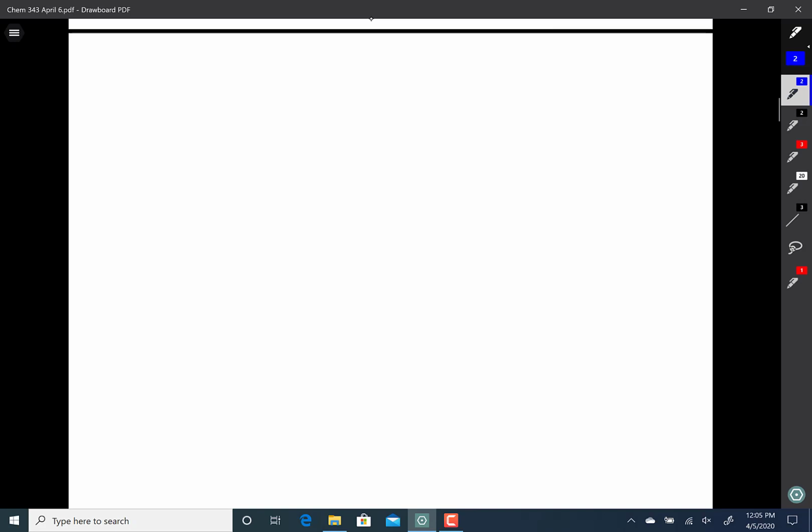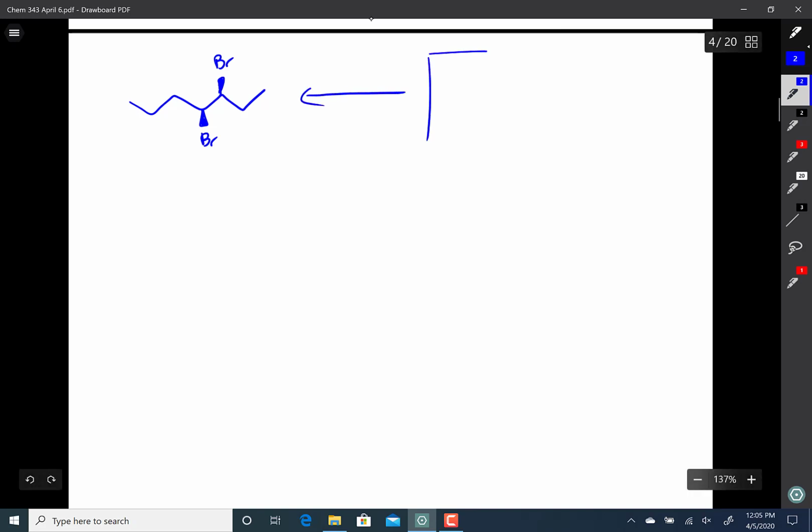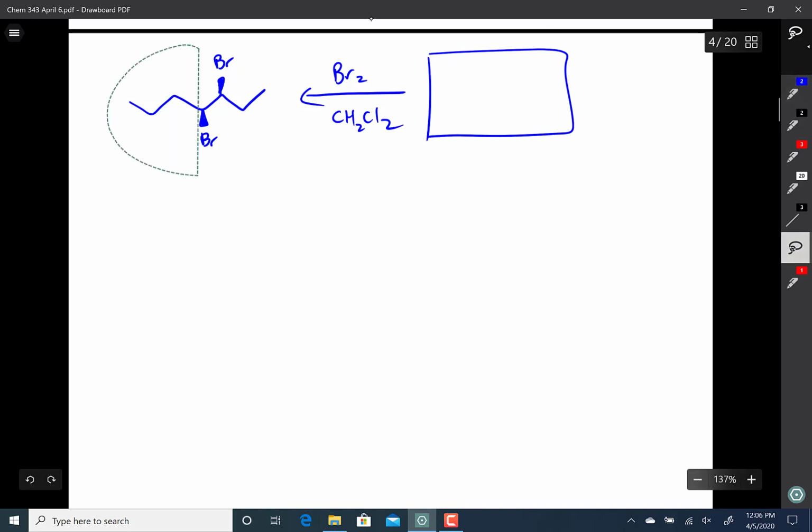So in case of acyclic dibromides, if you want to figure out how to make this product from an alkene, and you're using bromination, in fact, let's just go ahead and draw that just a little bit better.